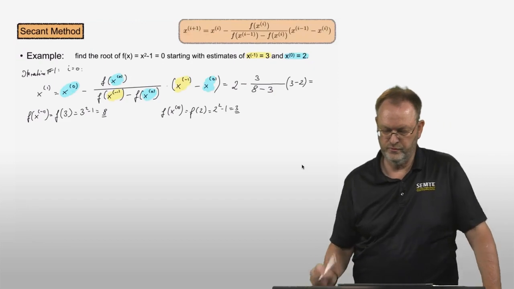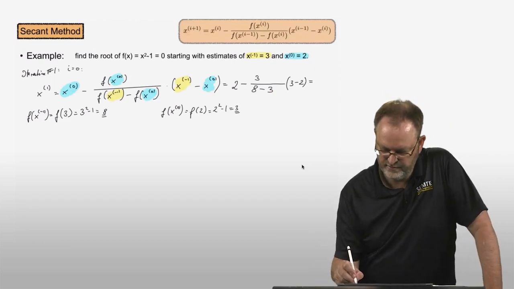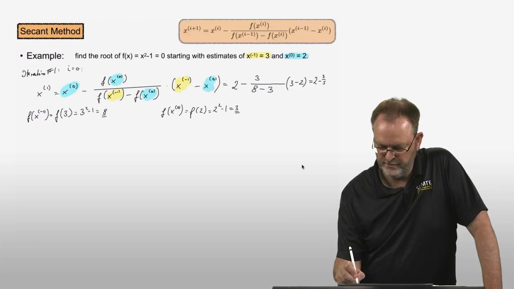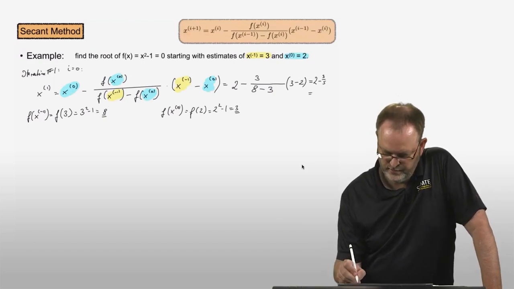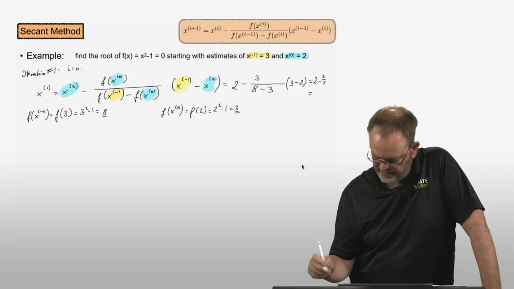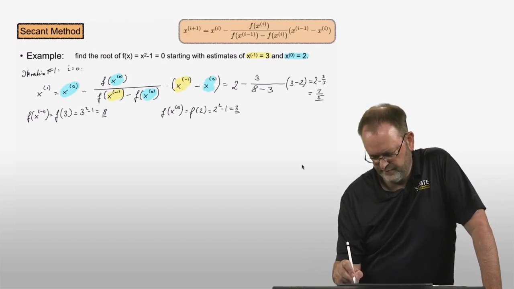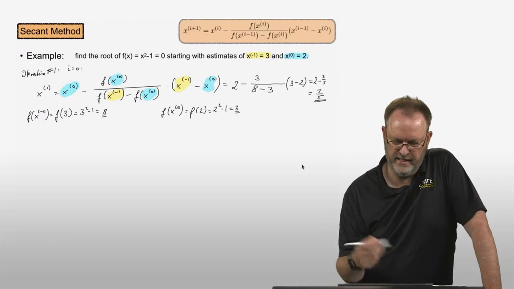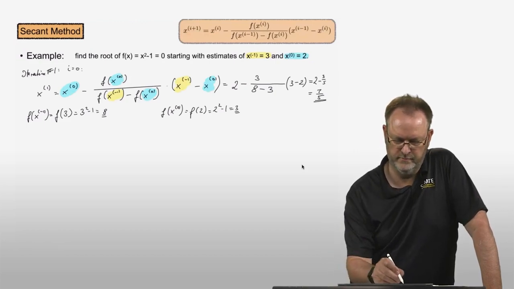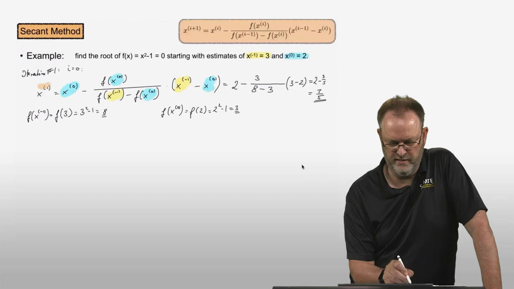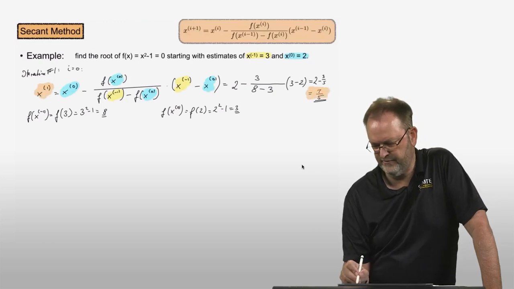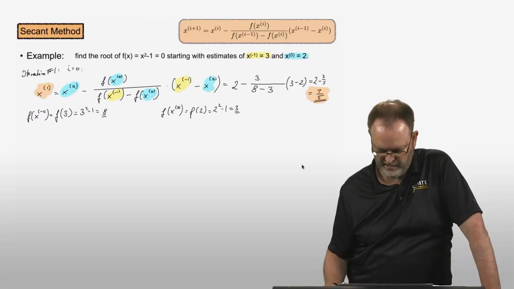So that's 2 minus 3/5 times 1. So that is equal to 10/5 minus 3/5 is equal to 7/5. That is equal to my x1. So my x1, my new estimate, is equal to 7/5.